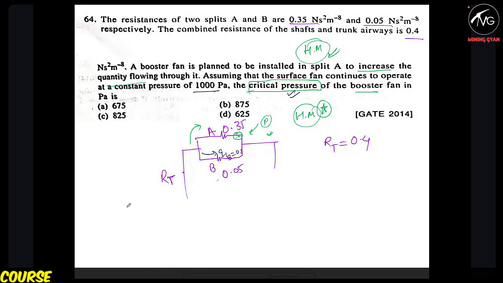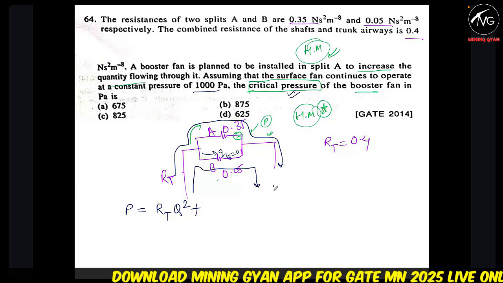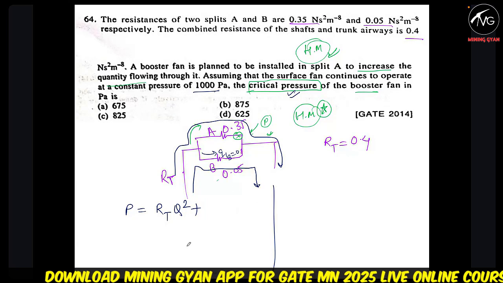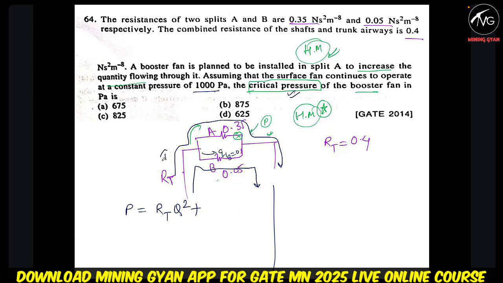The equation will be P equal to R of trunk times total quantity Q square plus, if you take this path, you can consider either this path or this path. You have to solve both for the calculation. So this is path 1 and this is path 2.